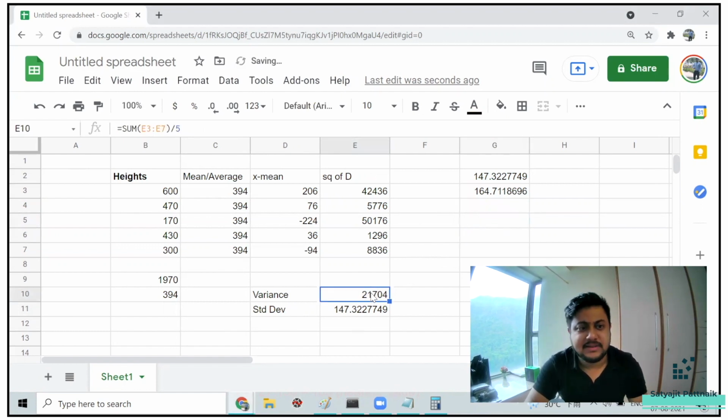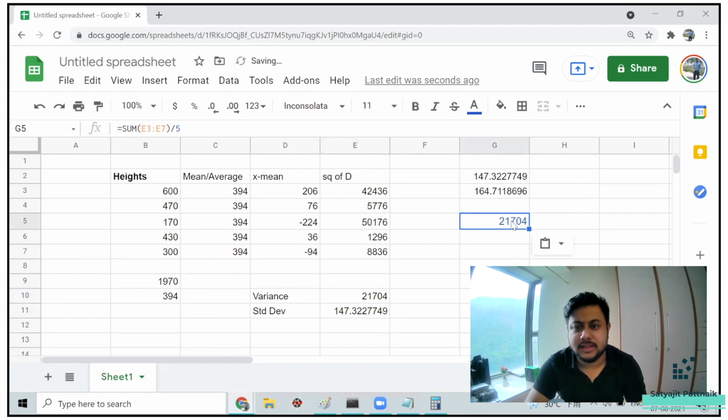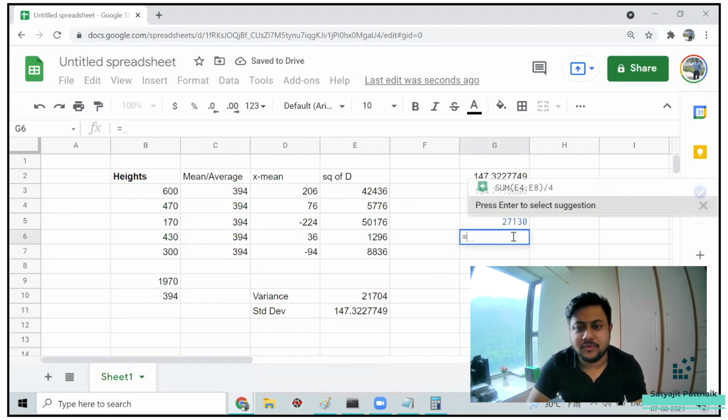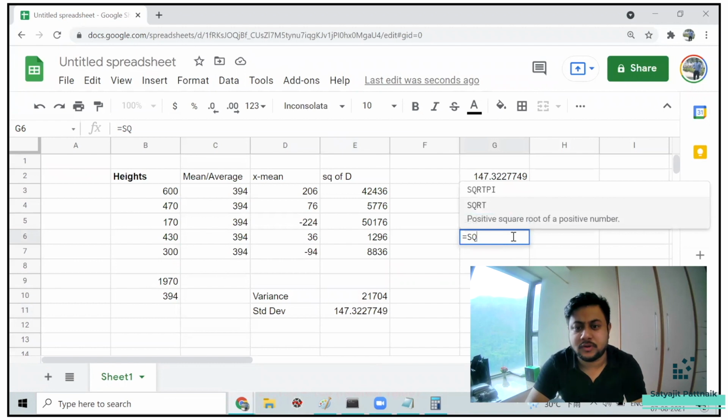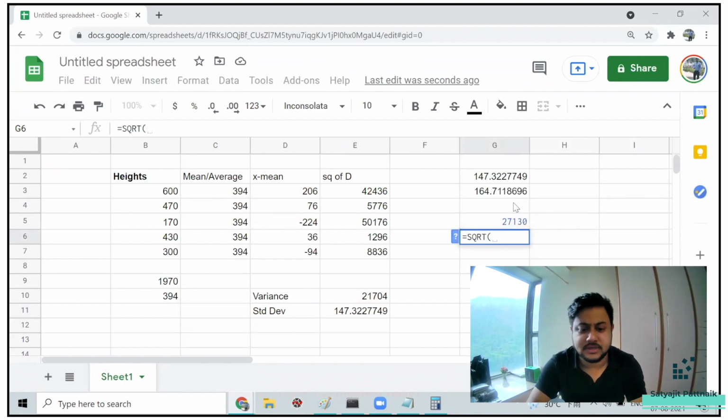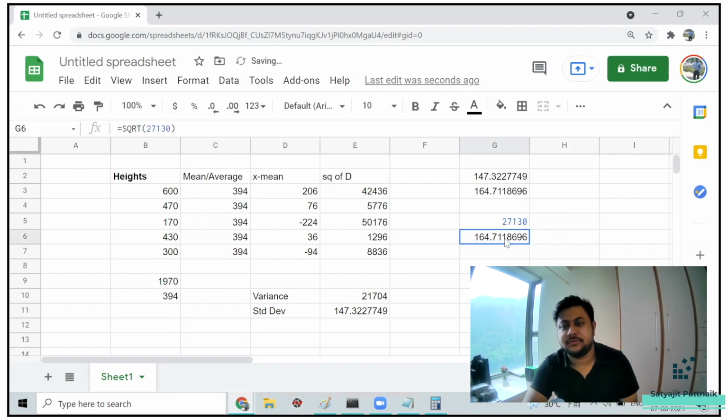So E10 is nothing but the sum of this divided by 5. Now, if I copy this and just change it to 4, you can see 27130. And if I take the square root of this, 27130, it is 164.71. Okay, now what is this?